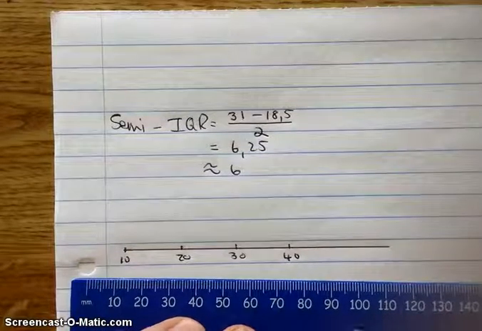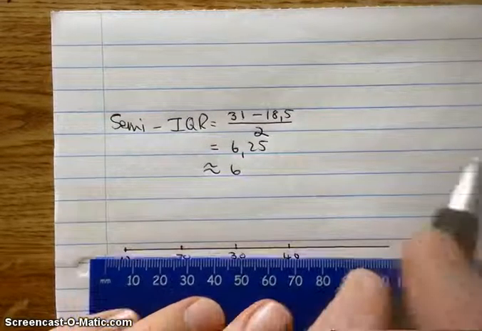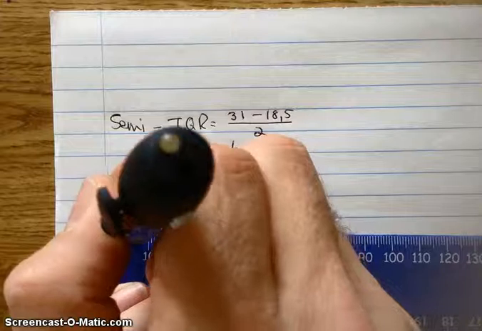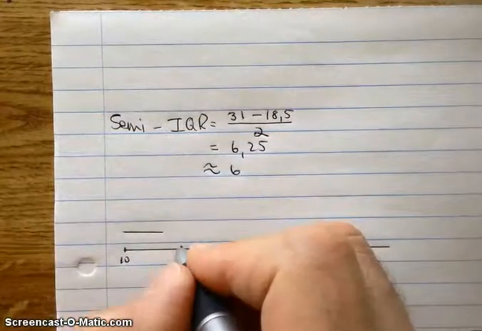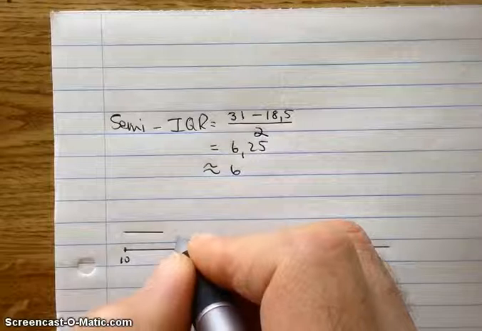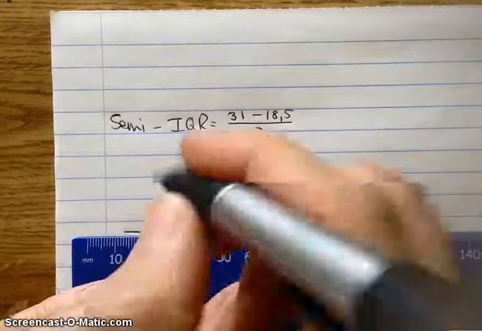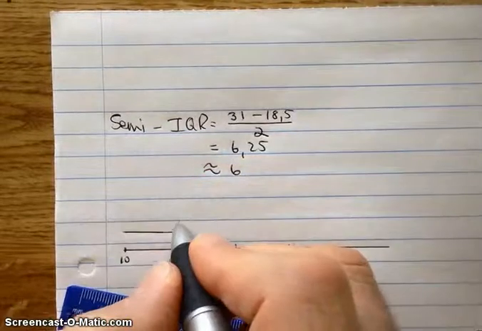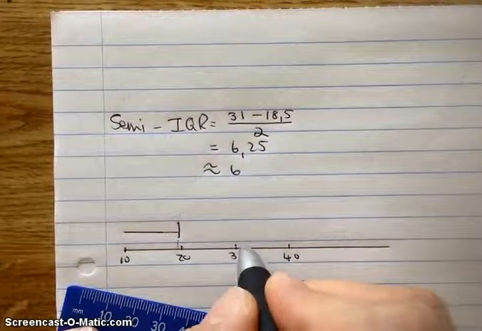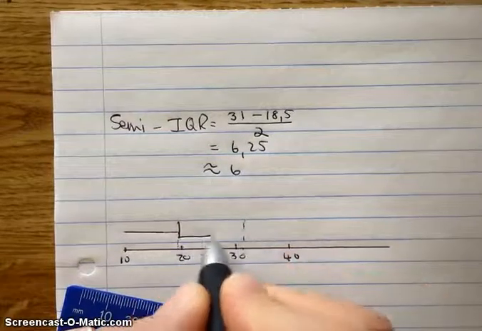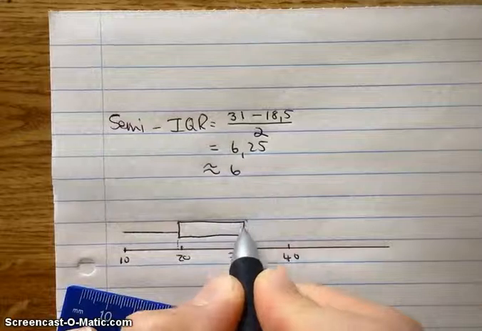And now you can start with your box. Your minimum value is 10, and your Q1 is 18.5 to 19, and that will be a value here. So your whisker will go up to there, your box will start there, and it will end at 31. So there's your box.